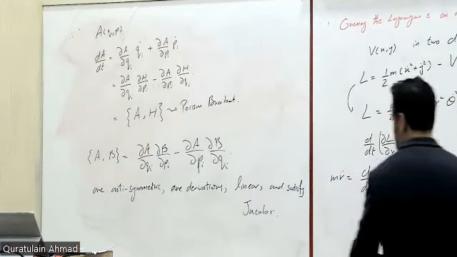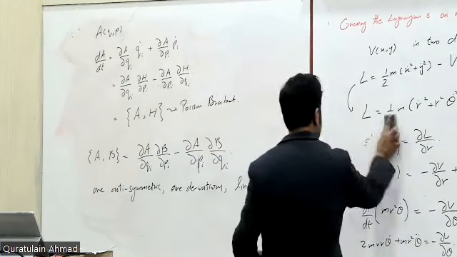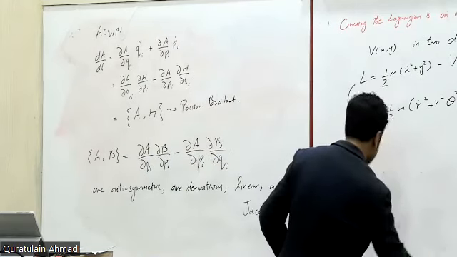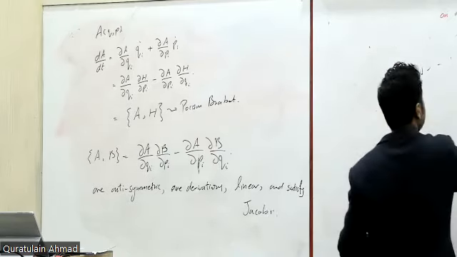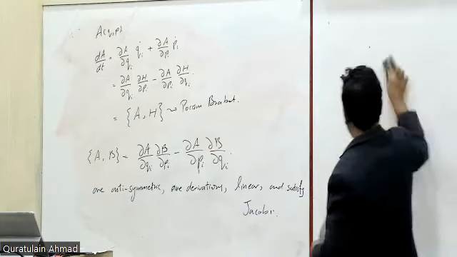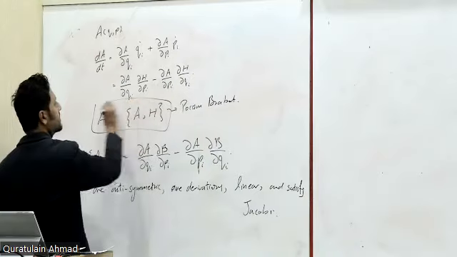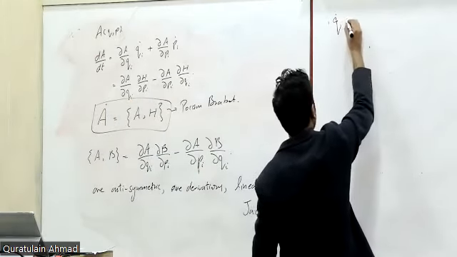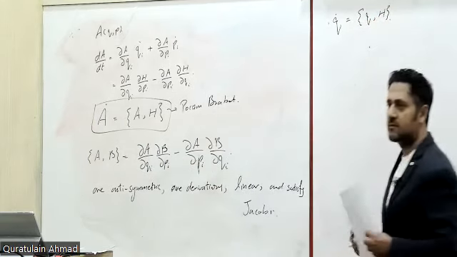But if you compute, what is here? It says A dot is this. You can check that this Q dot, this is true for all functions.